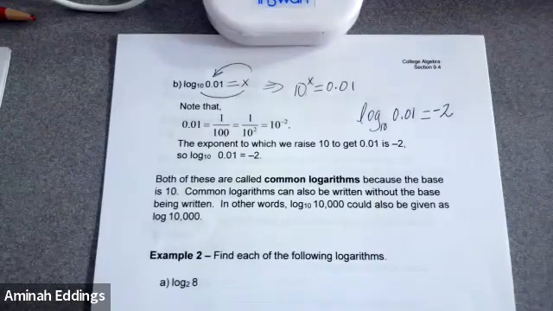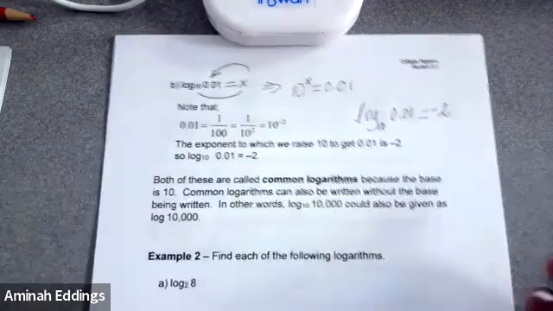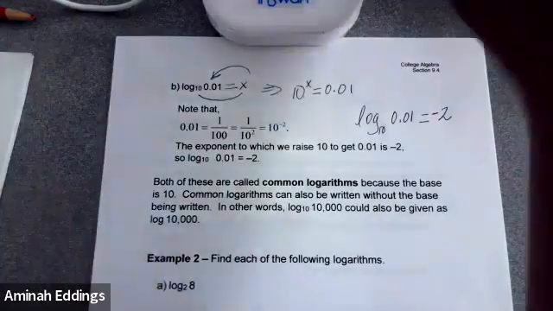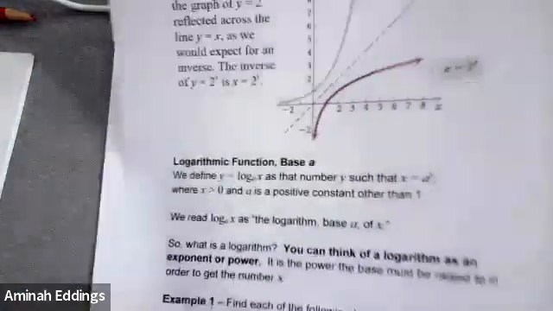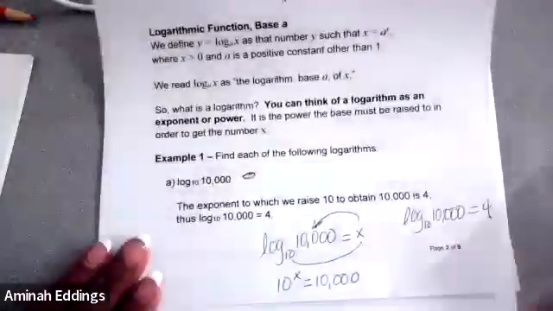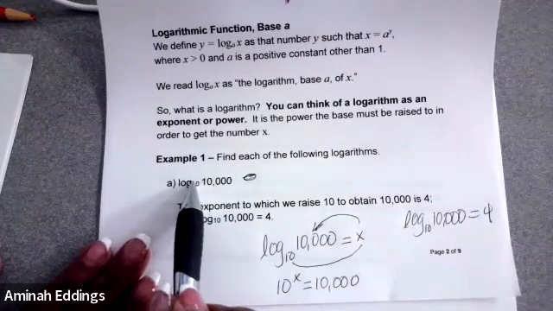Okay. All right, so in A and B, we were working with what is called a common logarithm. A common logarithm is simply a logarithm in which your base is 10. And sometimes you may not even see the base there. With example A here, where it was log base 10 of 10,000, we call this a common log because that base is 10.